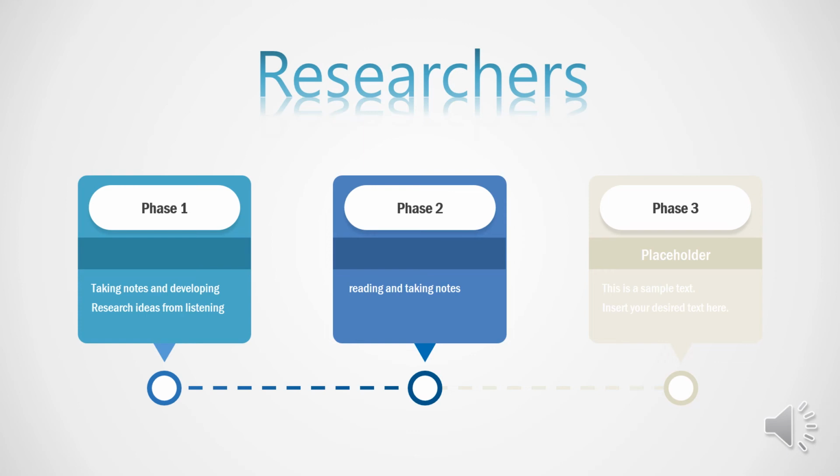Phase number 2 is reading and taking notes. After students become good at listening and taking notes, they are ready to learn reading and note-taking skills. Teacher begins this phase by distributing informational magazines to the students. Students are told not to open their magazine, but to look at the cover and generate questions they think they will find answers to on the inside.